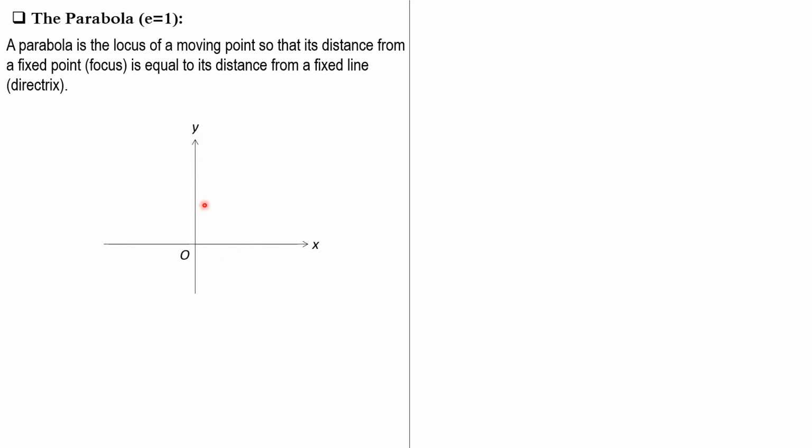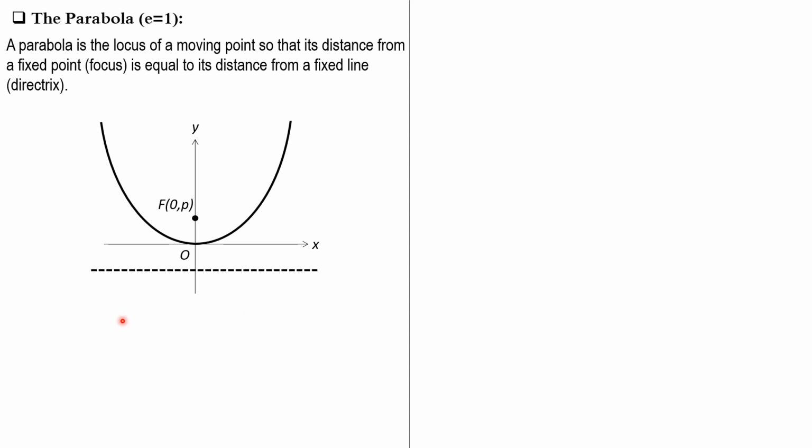So if this is the coordinate axis x and y, we want the vertex to pass through the origin, and so the focus should be here above with coordinates 0, p. So that's the parabola. The focus should be at 0, p. And the directrix should be p units below the x-axis, and it is parallel to the x-axis.